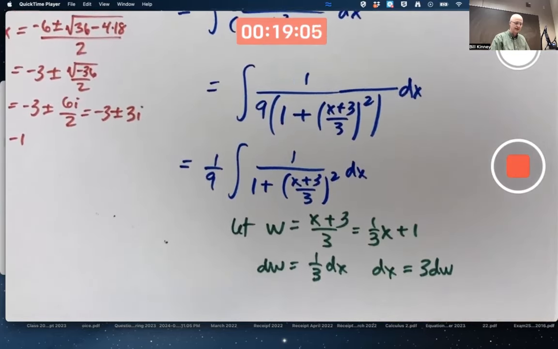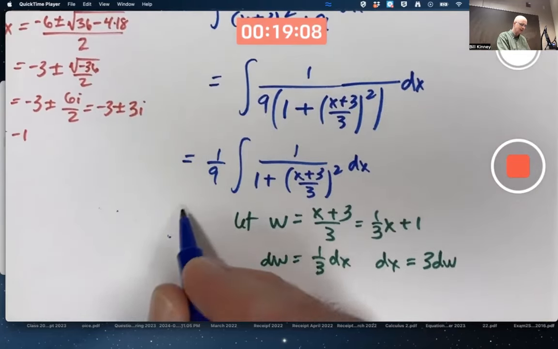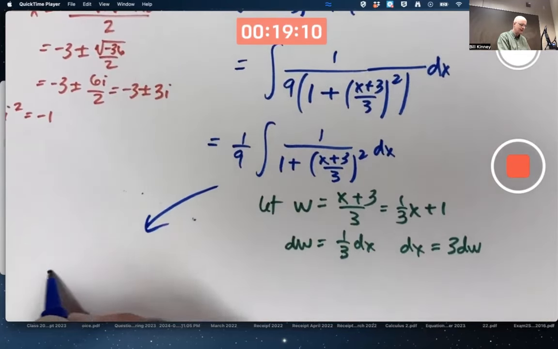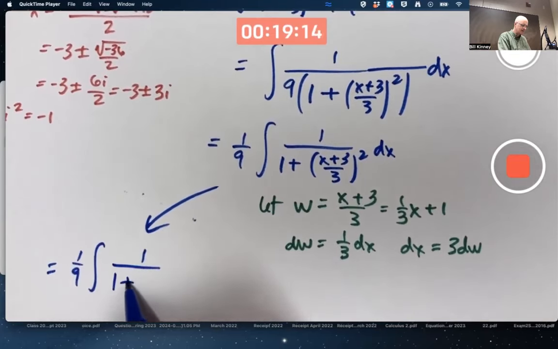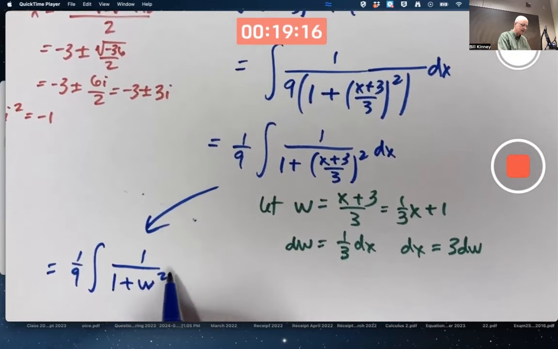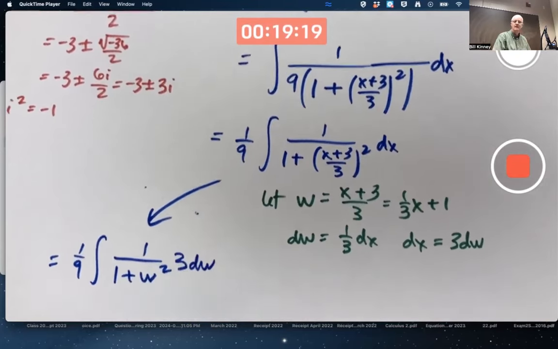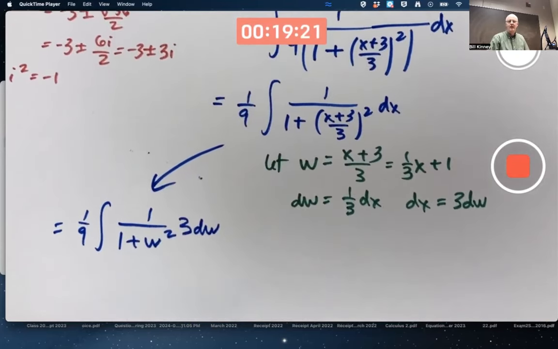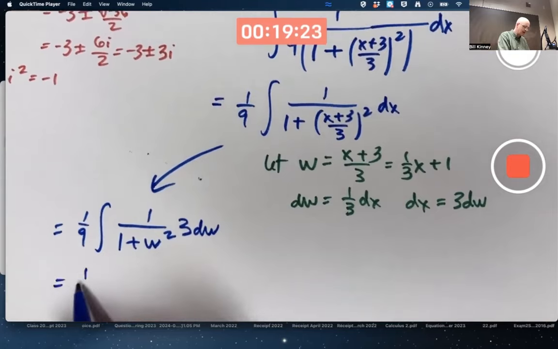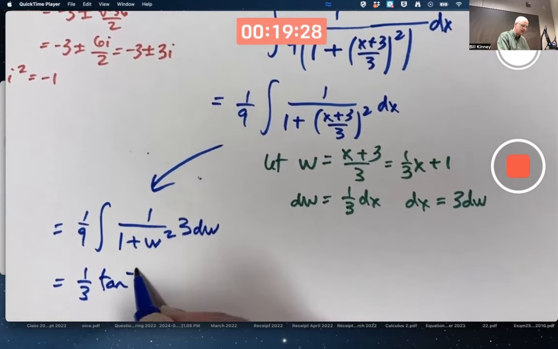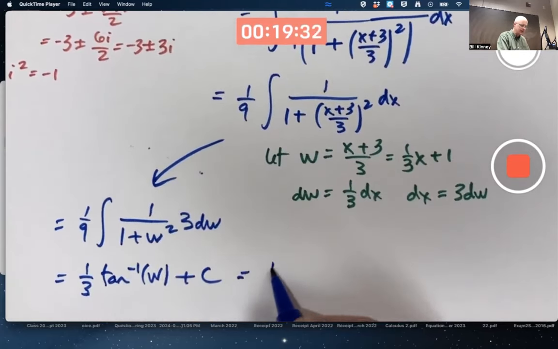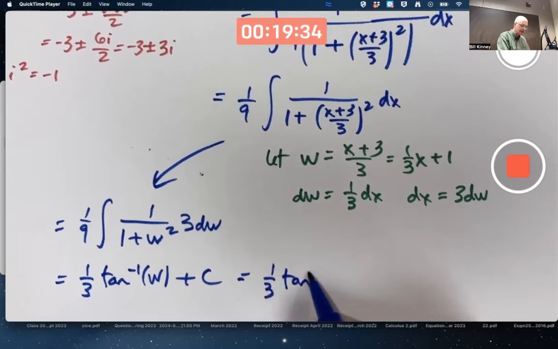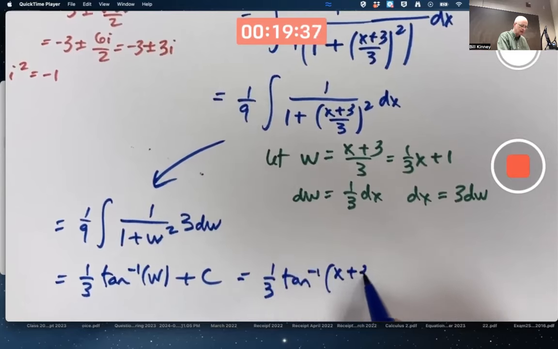I think I can do that integral now. 1/9 times the integral of 1 over 1 plus w squared times 3 dw. 1/9 times 3 is 1/3. The integral of 1 over 1 plus w squared is going to be inverse tangent of w plus c. Final step, replace w with x plus 3 over 3.